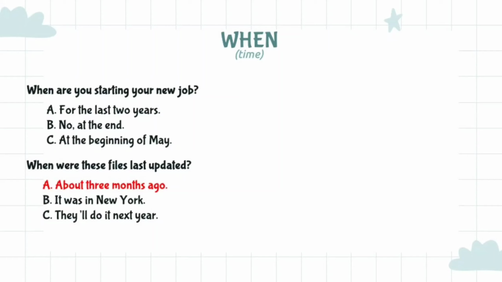The keyword for this question is were these files last updated, so it deals with the past event. We will not answer C because it has will that indicates the future event.